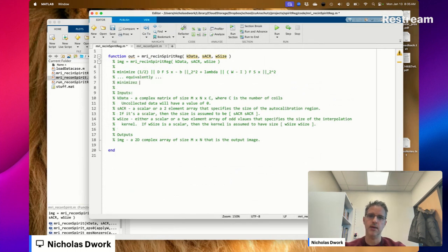Minimize. So I'll put lambda over 2 here, so that when we take the derivative and drop down this 2, though if we're going to use LSQR, then we don't really have to do that. We'll start like this.